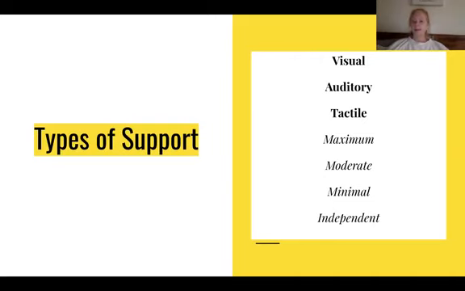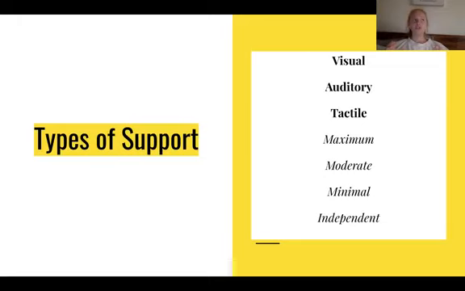And then the types of support like max, mod, min, independent. Independent obviously is going to be totally on their own with no prompting whatsoever. Minimal, usually you're going to have to see it defined either in the goal itself or in a cueing hierarchy that goes along with the goals.